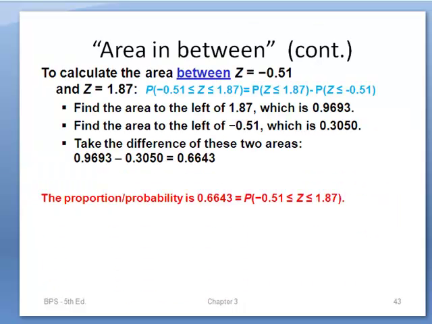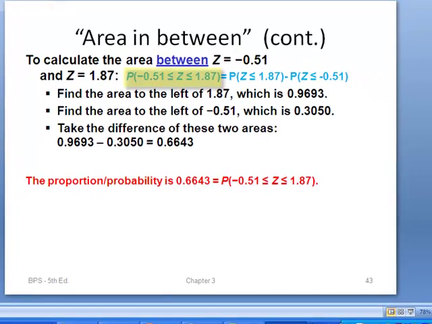So here we go to find that area in between. The probability that z is between negative 0.51 and 1.87 is equal to the probability that z is less than 1.87 minus the probability that z is less than negative 0.51. We can find those two areas in our chart. Make sure that you're following along, and you can do this too.